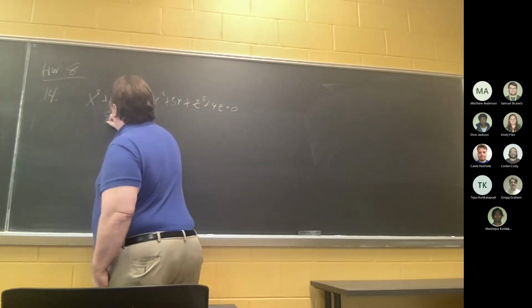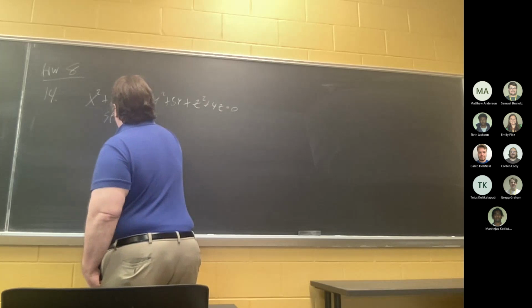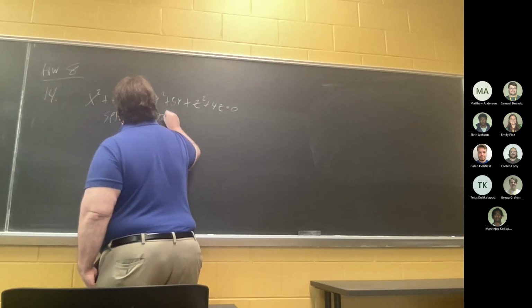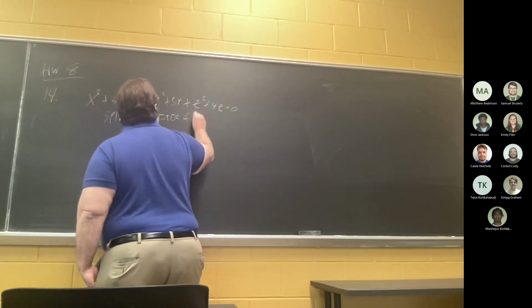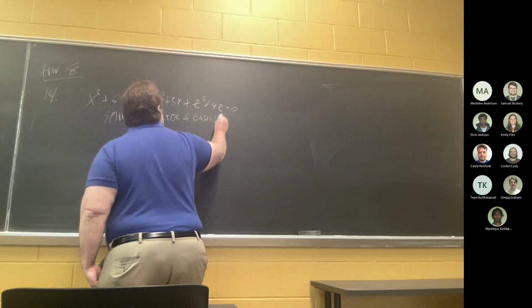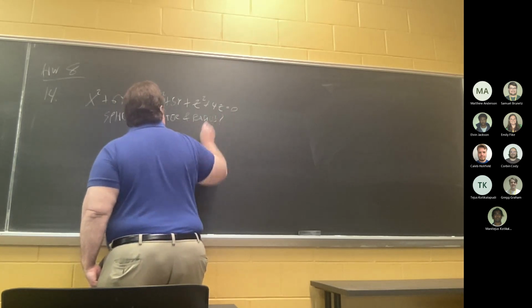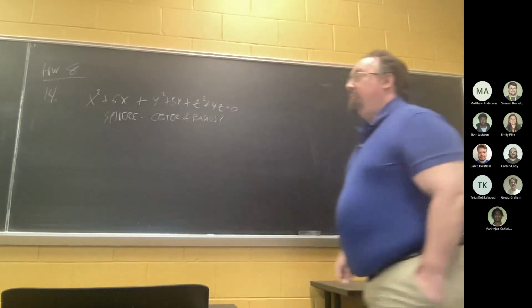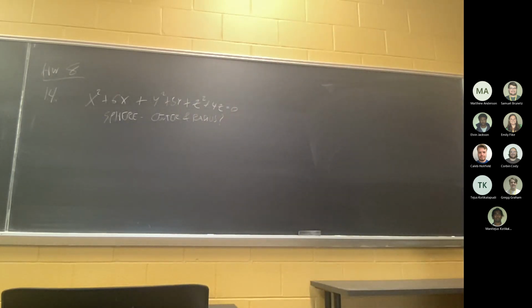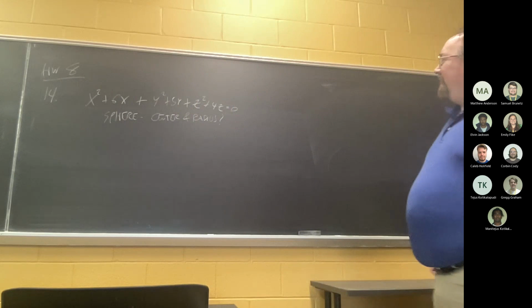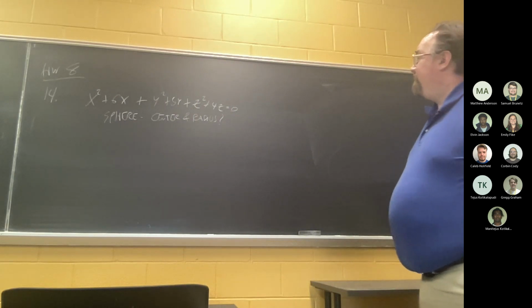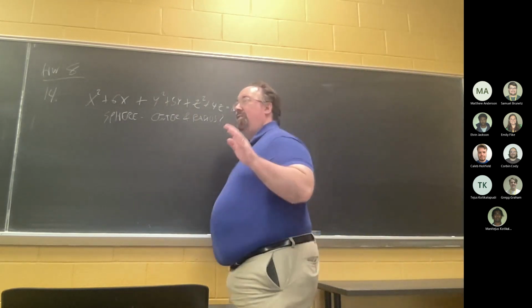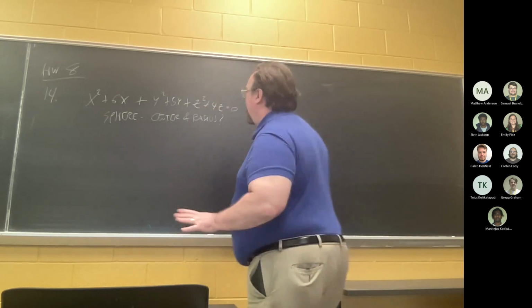This is the equation of a sphere. I actually did cover an example of this, but I suppose more is always better. Everybody should be aware that this stuff is in the notes.